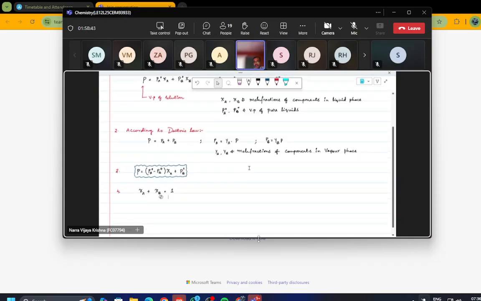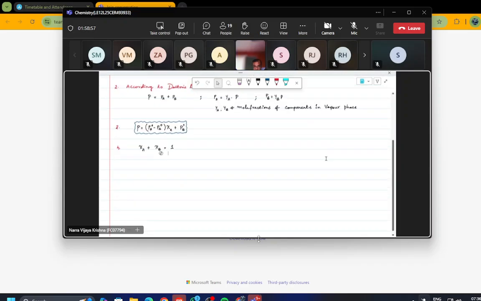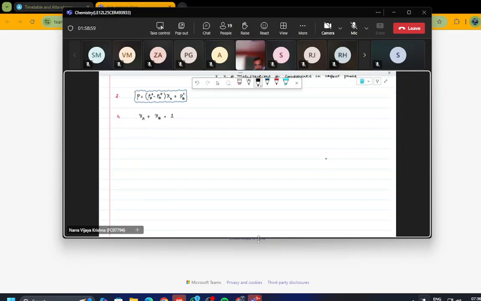Instead of XA, can I write PA upon PA naught, from the first equation? So I'm writing it: PA upon PA naught plus PB upon PB naught is equal to 1. Correct?